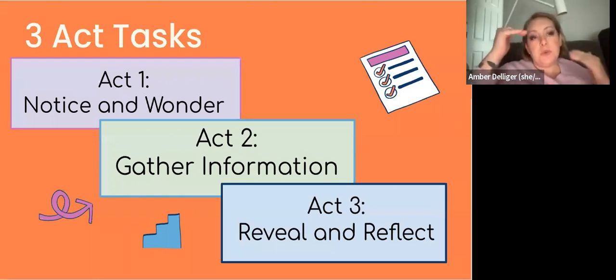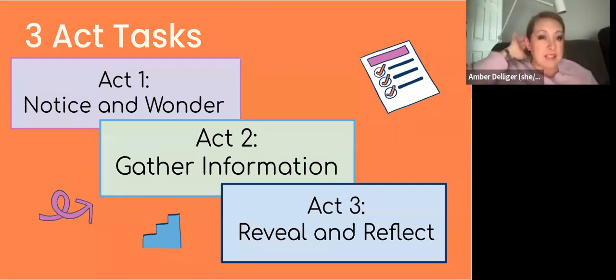So these 3 acts are done in a way where we are not as helpful. As math teachers, we are much too helpful to our students. And so the idea with this is that a student is feeling empowered. The student is feeling like there's mystery and intrigue and something that they are connected to.